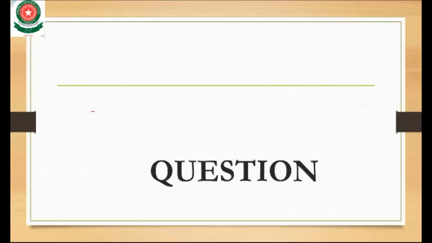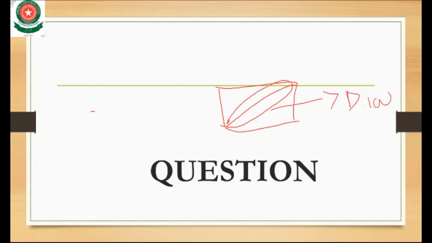Here we can't draw on it. For example, I draw with a scale. When you connect one point to another, this line is called a diagonal. I hope you understand it.